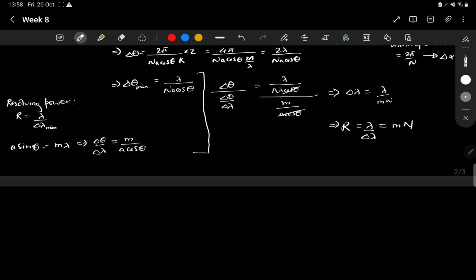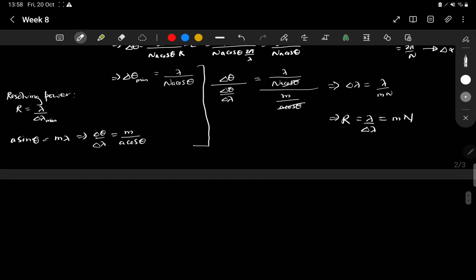Okay, so let us proceed now. Question number 8. This is also on diffraction gratings. Free spectral range for diffraction grating is what?